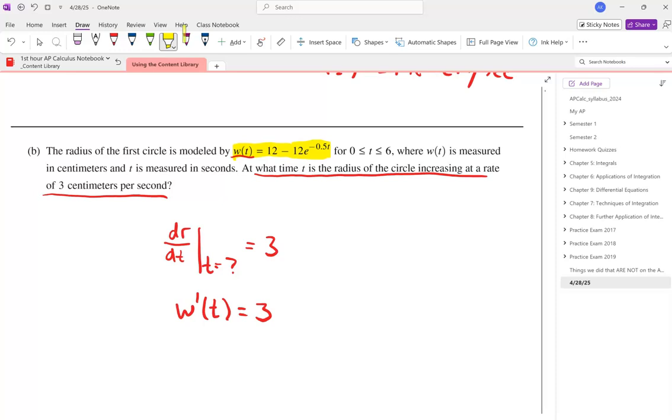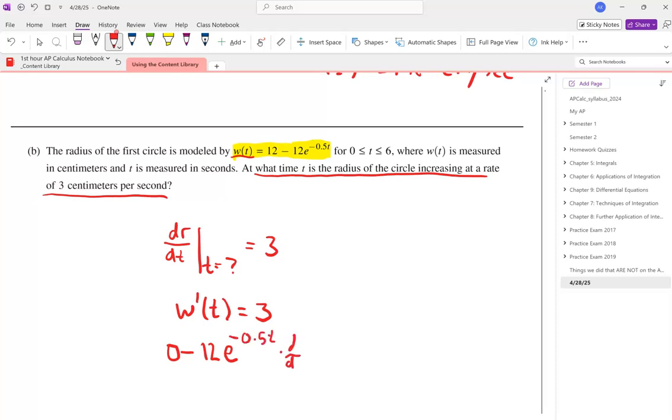What derivative rule am I going to have to use to do that? That is a chain rule. Notice because I have a function inside the exponent of that exponential. So the derivative of 12 is 0. The derivative of 12 e to the negative 0.5t, well, I can ignore the 12. The derivative of e to the x is just e to the x.